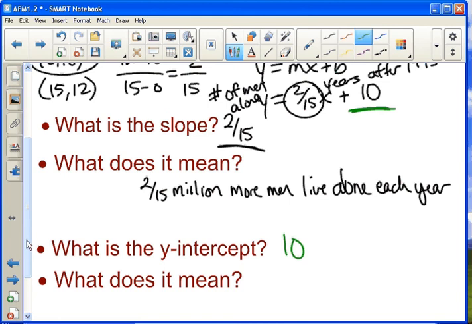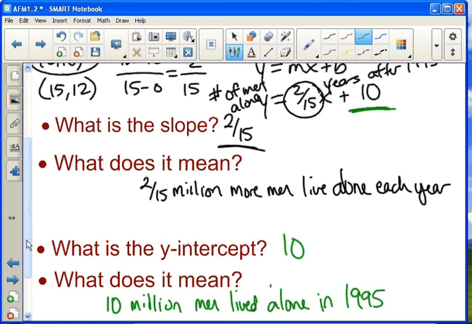So it means that 10 million men, that's our amount of y, lived alone in 1995. So at our original start date of 1995, 10 million men lived alone, which makes sense because we were told that in the problem. So that means our model represents our data pretty well.